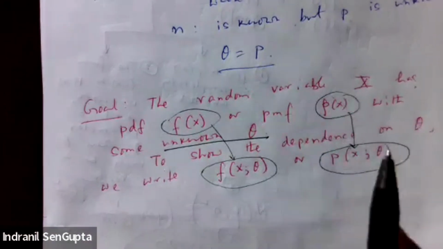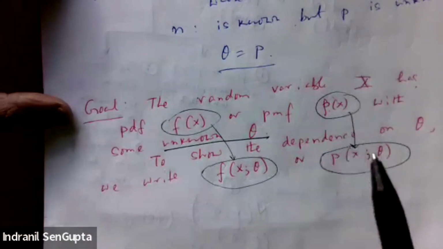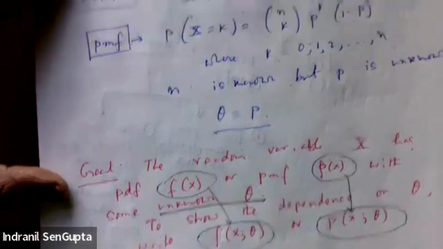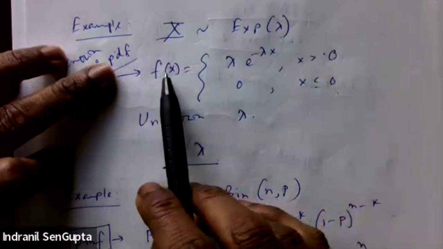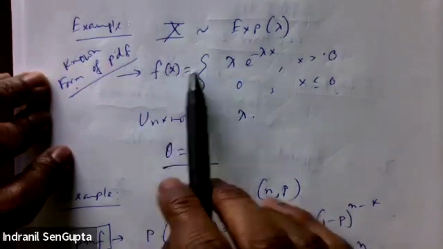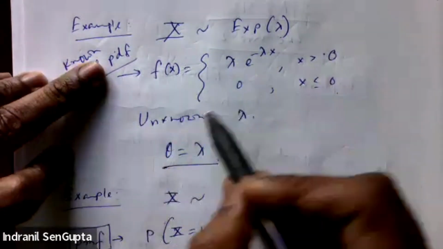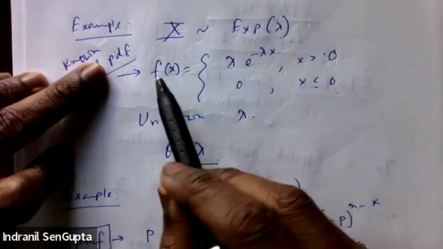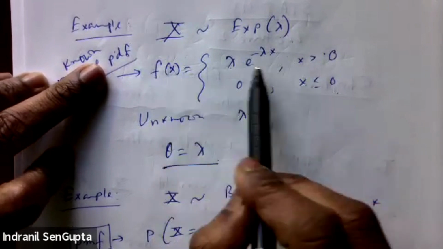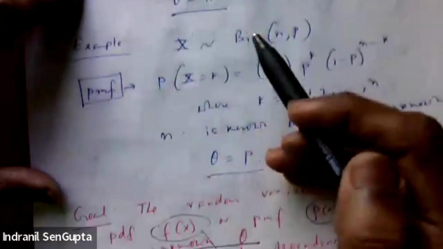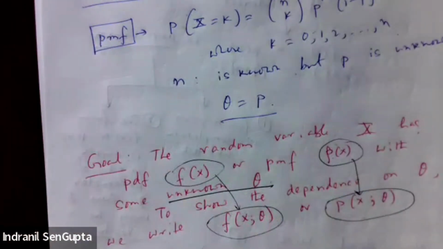It's nothing more sophisticated than this. So for instance, in the previous example, for the case of exponential distribution, we write f(x) equals lambda e to the minus lambda x. If this lambda is unknown, we write f of x comma lambda. It's just to emphasize that lambda is unknown and we need to find it out.